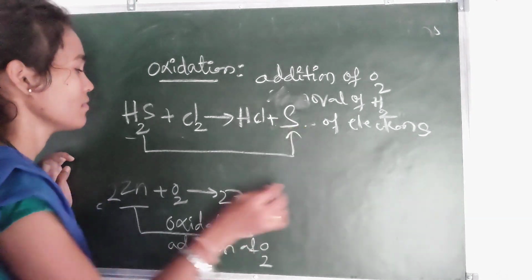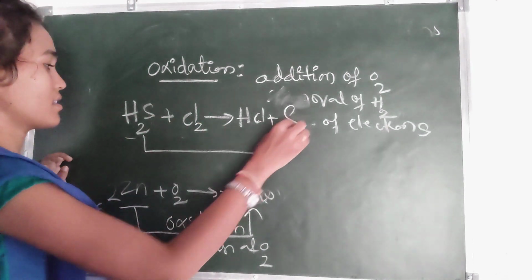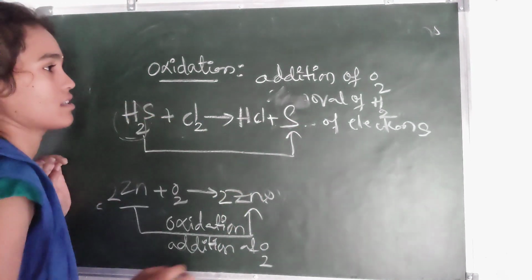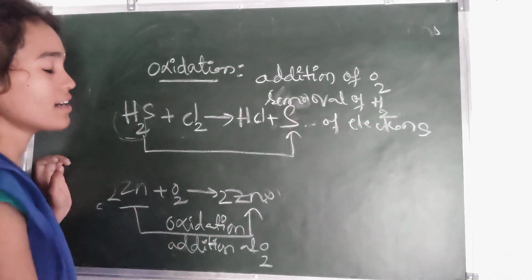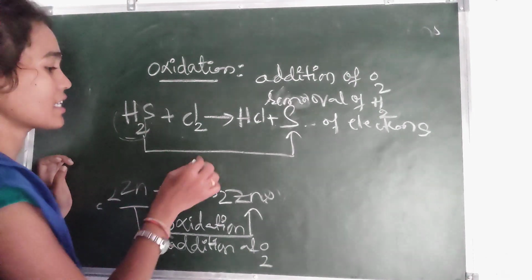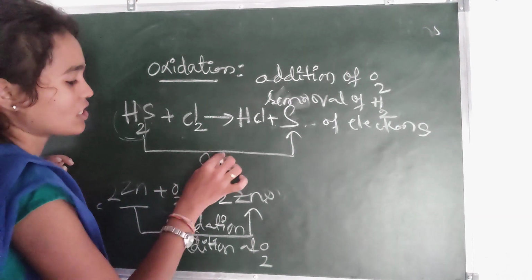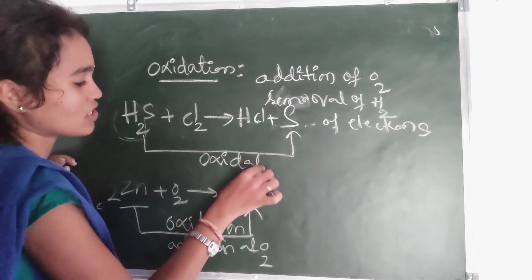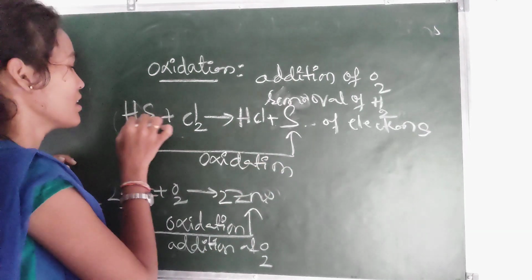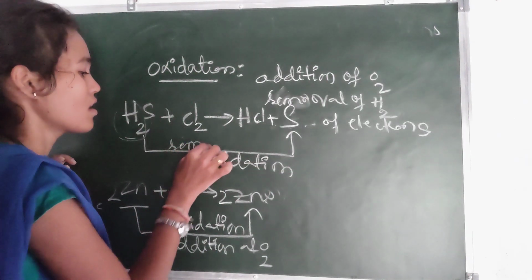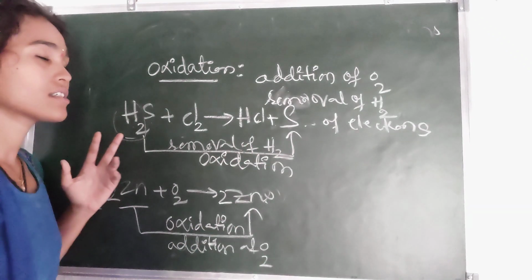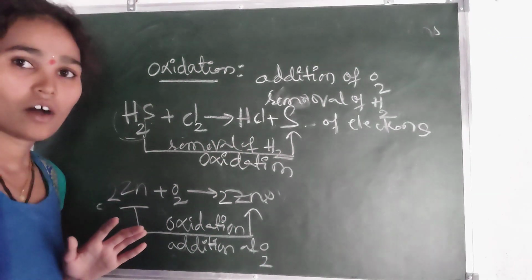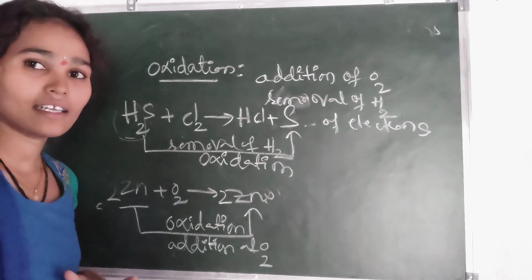See, H2S to S, it loses hydrogen. Removal of hydrogen is nothing but oxidation. So this is also one of the examples of oxidation. So it is clear? Yes.